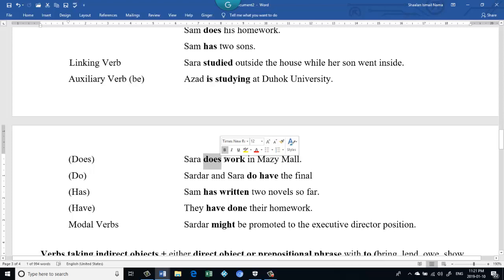But if we delete it, then we have to add s to the verb. Then we have the main verb, and then we have the auxiliary verb. And the last word is the complement. Same thing here. Sardar and Sarah do have the final exam.